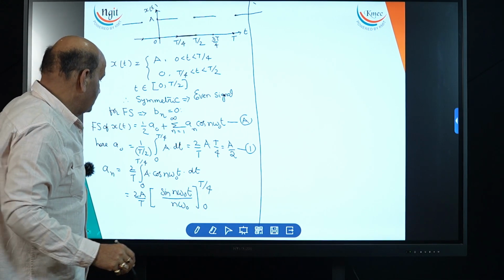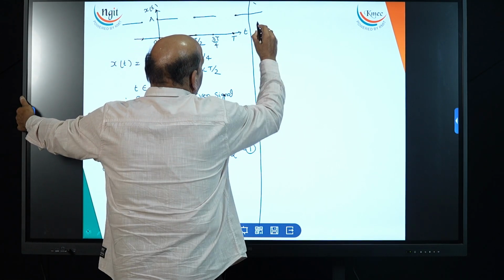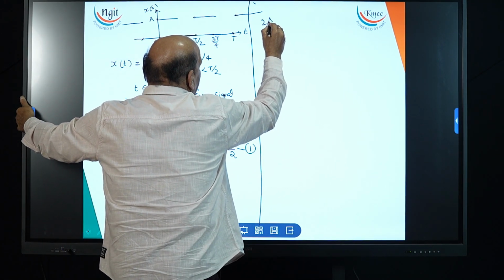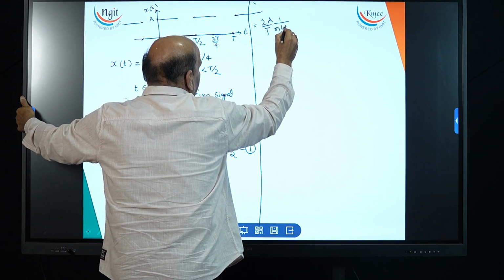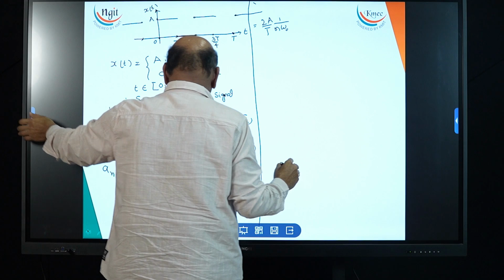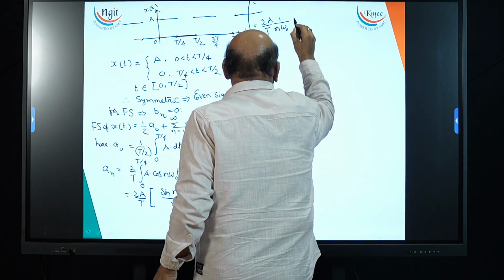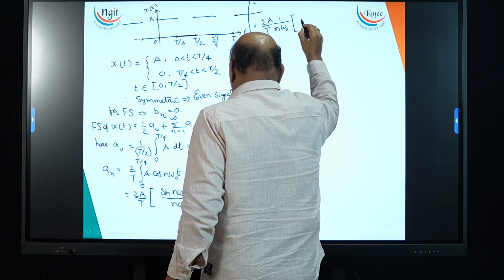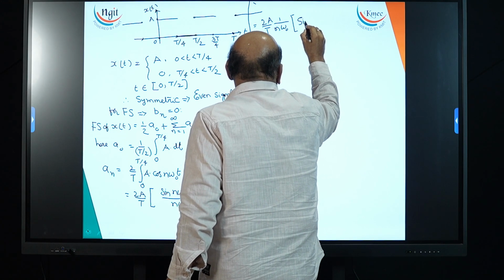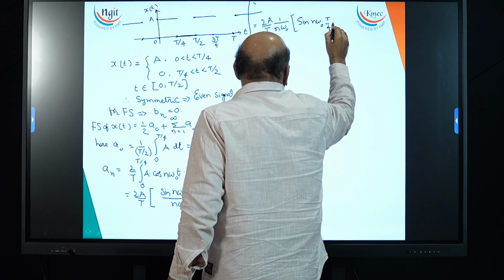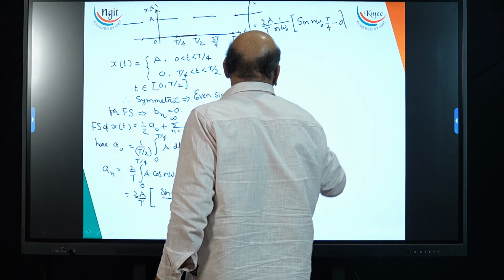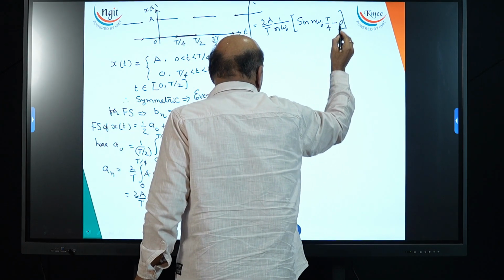So n omega naught is also constant. Therefore, we will get 2A by T, constant 1 by n omega naught, into substituting T by 4 in place of t, so that equals sin n omega naught into T by 4 minus sin 0. Sin 0 equal to 0.